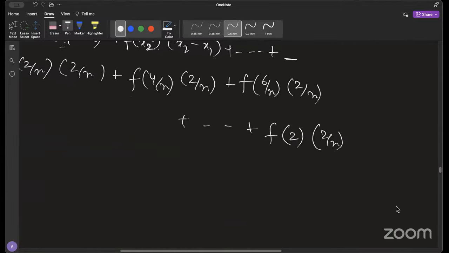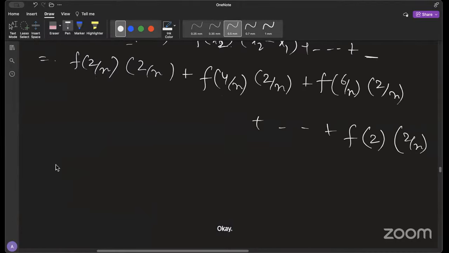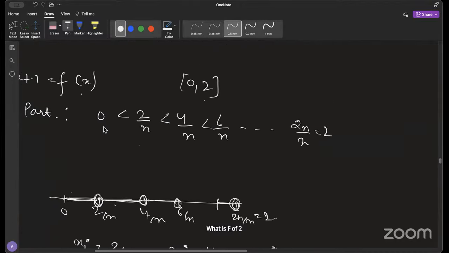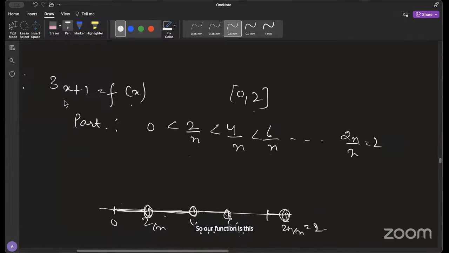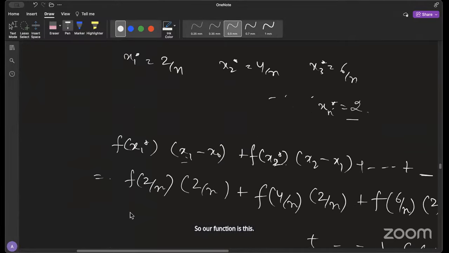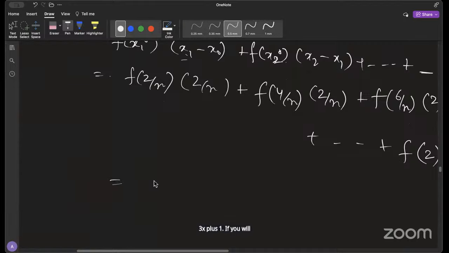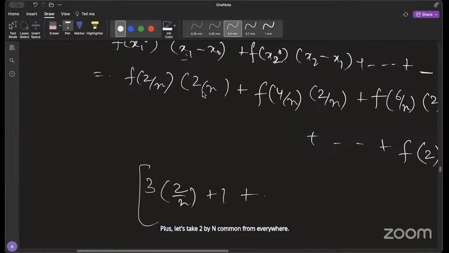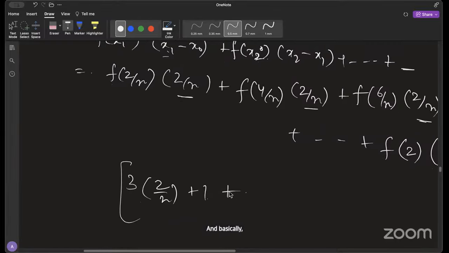Yes. Okay. What is f of 2 by n? Your function is 3x plus 1. If you substitute 2 by n here, you'll get 3 times 2 by n plus 1. Let's take 2 by n common from everywhere, because we have 2 by n in every term, right?